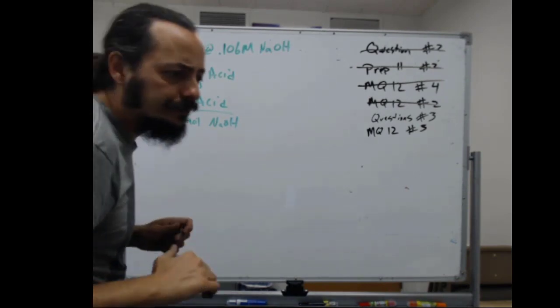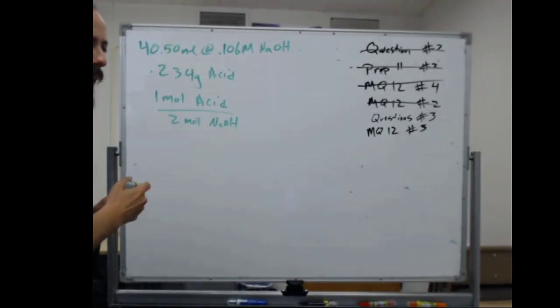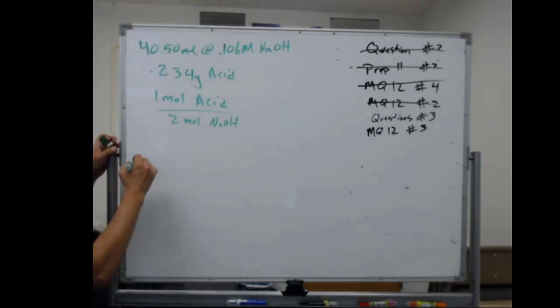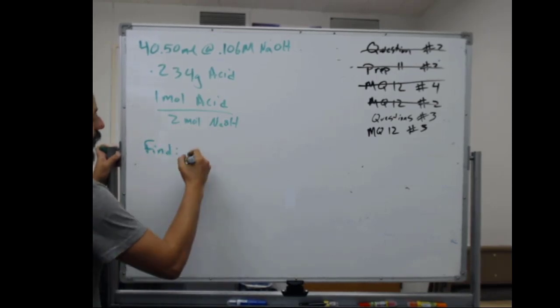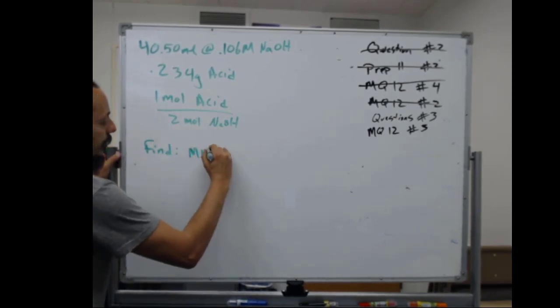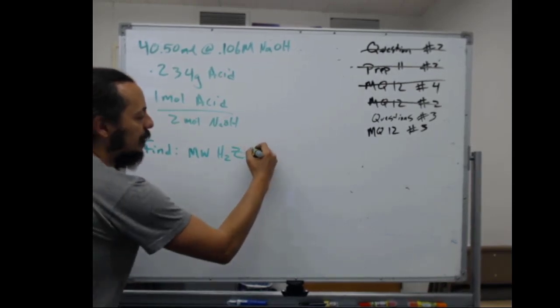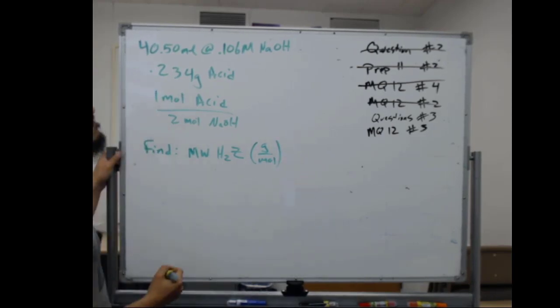Either way works. That's all of my explicit information. And then what we're looking for is the molecular weight of H2Z, so this is going to be grams per mole.